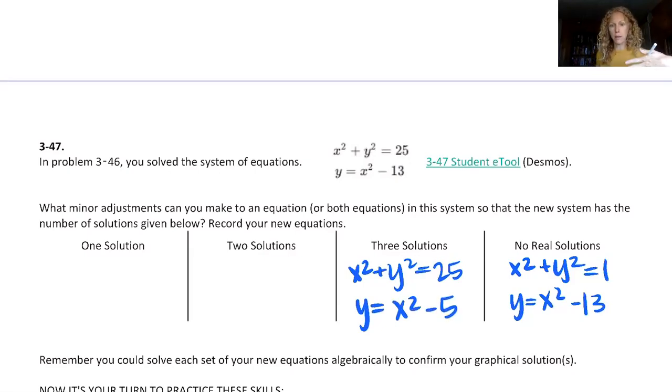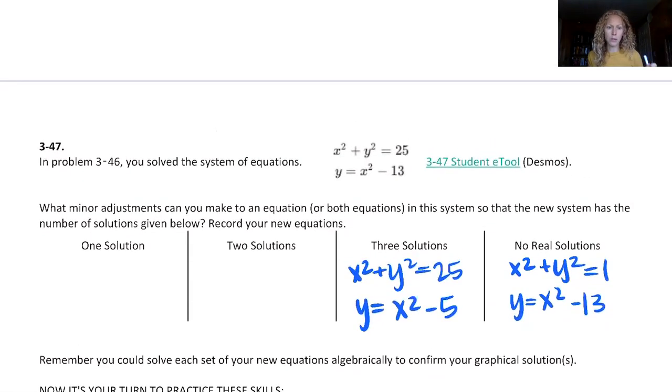Any vertex of that parabola being higher if you're not changing the circle size. 1 solution, your vertex of a parabola would probably be on the circle, and clearly you could flip things over.